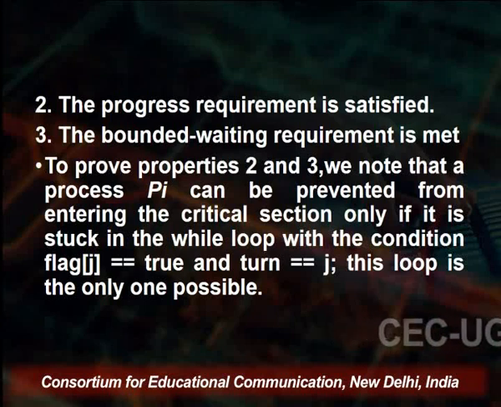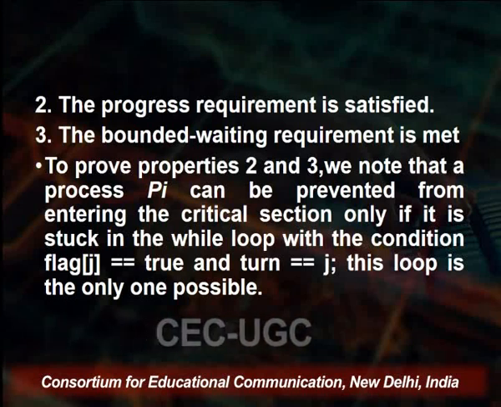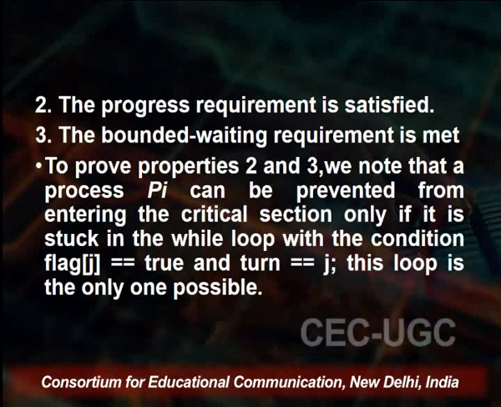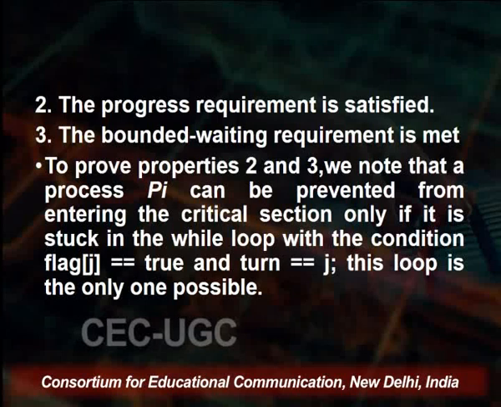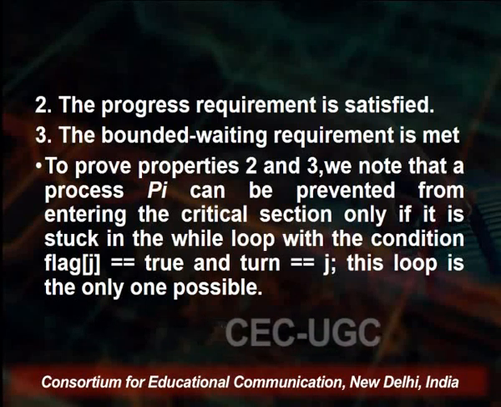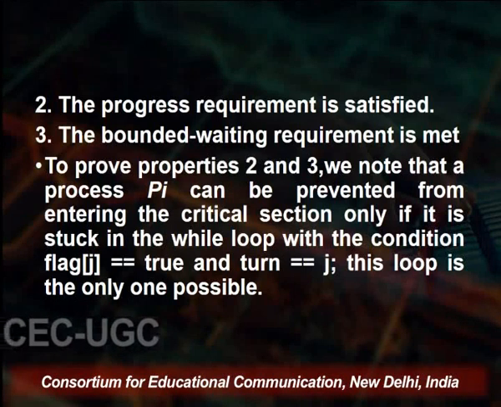And the bounded waiting requirement: every process will have a limited waiting period after which it will get a chance to go into its critical section. Both these requirements have to be met by Peterson's solution.